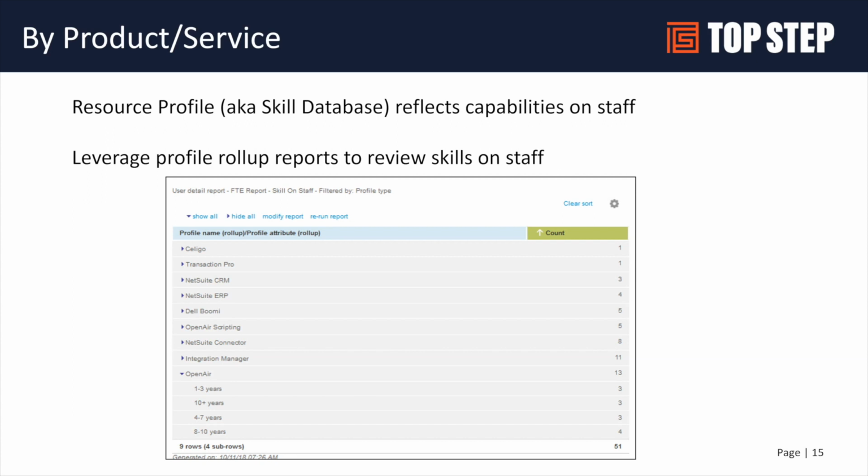We can run a skill detail report, and using that same roll-up checkbox that we pointed out earlier, we can go ahead and include our profile with our attribute and our head count and our count of resources that have that skill. So in this example, we have 3 folks in-house that have NetSuite CRM, et cetera.